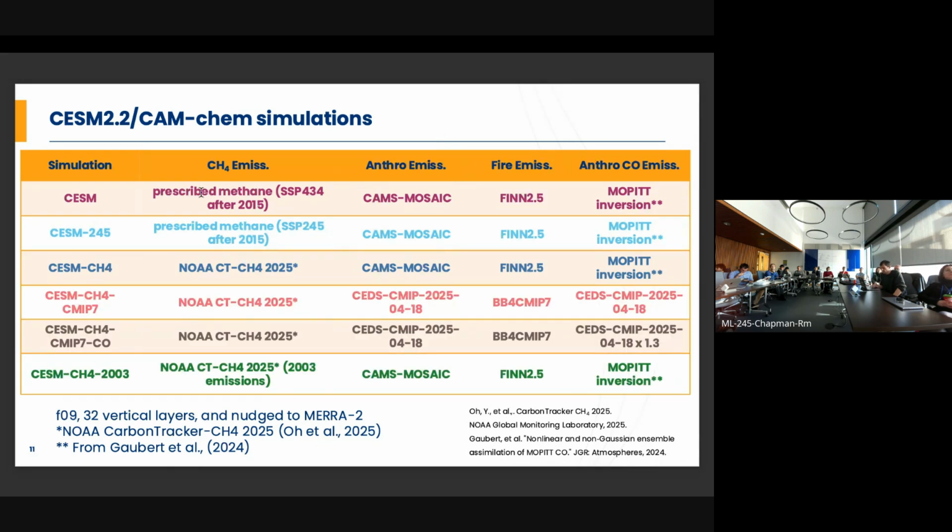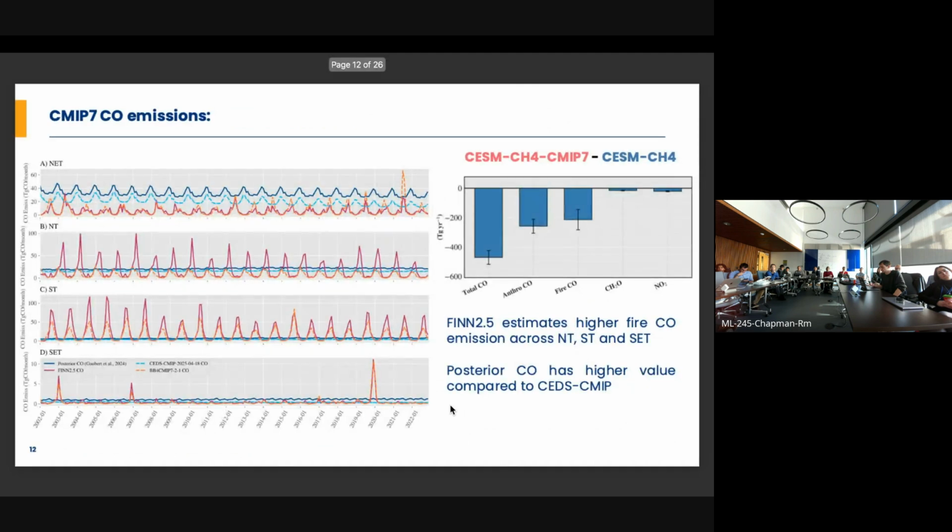In addition, we're also doing the CMIP7 input data set, so only anthropogenic and fire emissions are used here, everything else being the same, including methane emission. And in this case, we increase the CO emissions only by 30%.